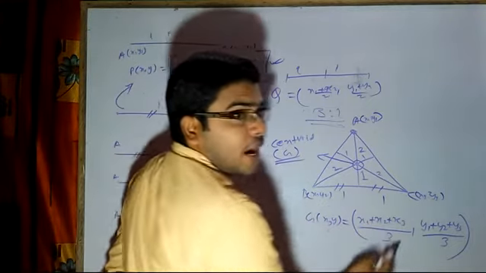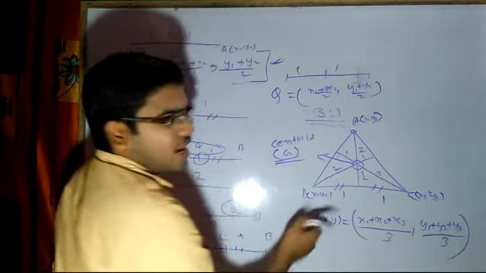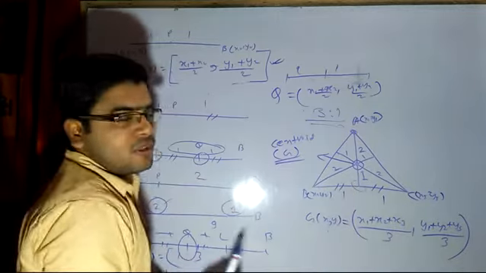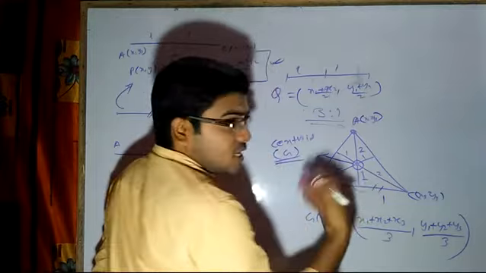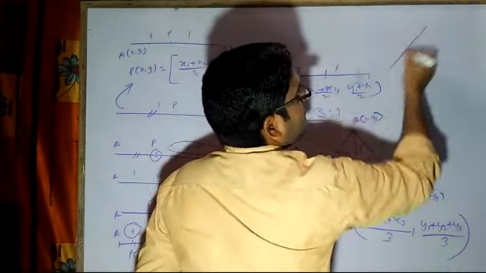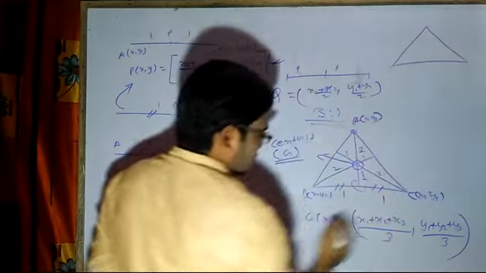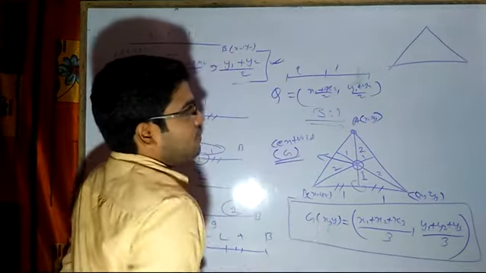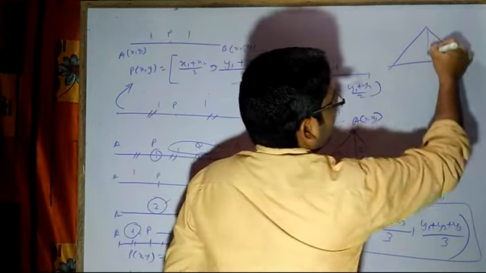Now, how to find out this point or any one of the points, if this point is given or this point is given? This is the formula that you should know by heart, and how this formula has come, I am going to explain right now.